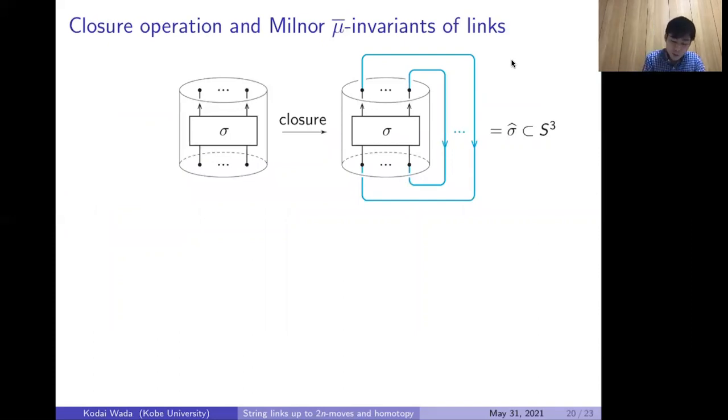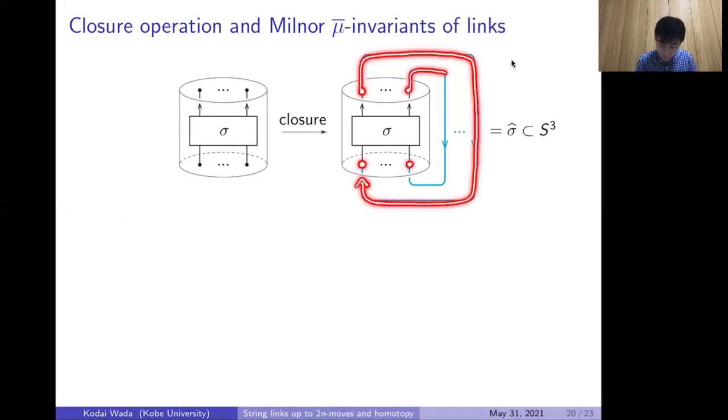For a k-component string link sigma, its closure sigma hat is a k-component link in the 3-sphere, obtained from sigma by connecting the endpoints of each strand with an arc, like this. We note that every link can be represented by the closure of some string link.